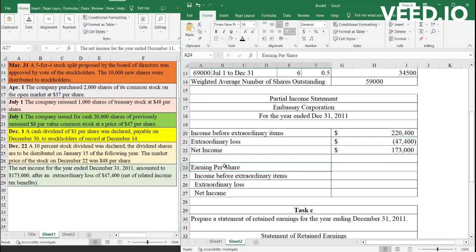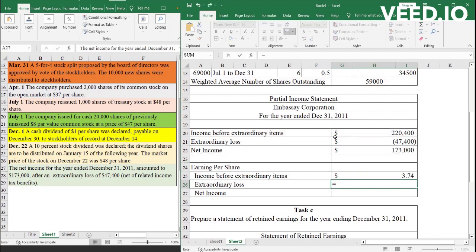Now to calculate the earnings per share, the income before extraordinary items in per share amount is equal to 220,400 divided by 59,000 weighted average number of shares outstanding. So that's before extraordinary items, the company generated $3.74 of income per share.